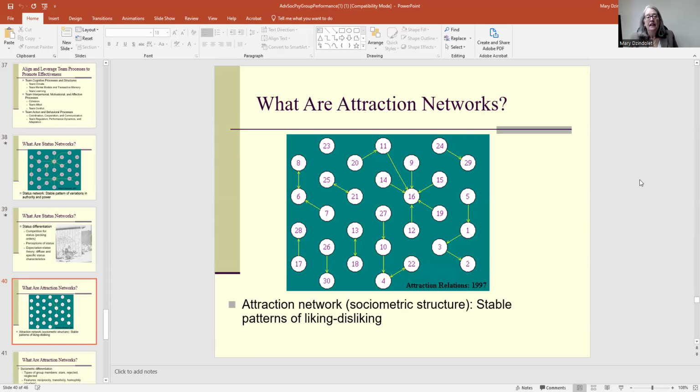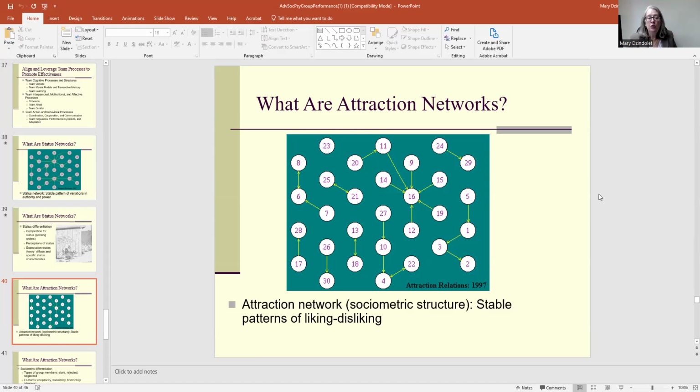And so again, if you're a leader or a manager who's coming in, you want to find out what these attraction networks look like, because it may be that if one group or certain members see that you seem to be buddy and getting along really well with a particular member who a whole group of people don't like, then that might mean that you just alienated this whole group by seeming to get along so well with this person.